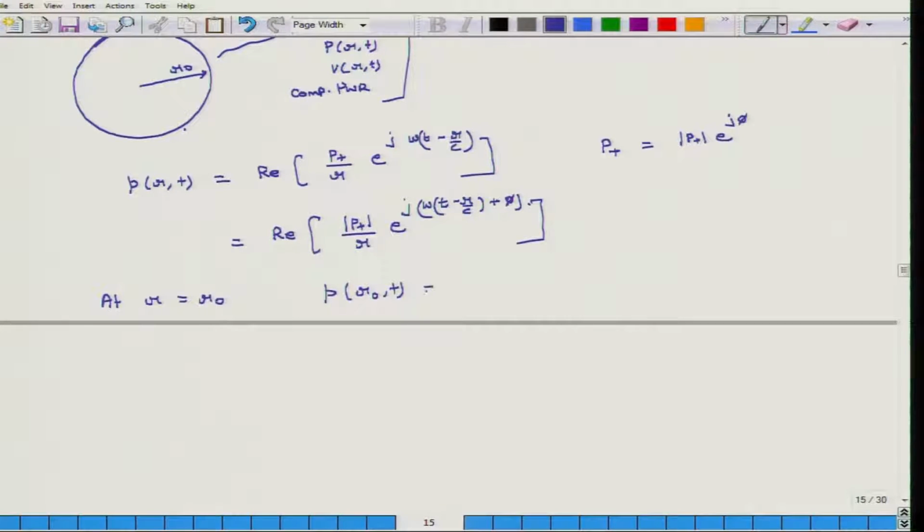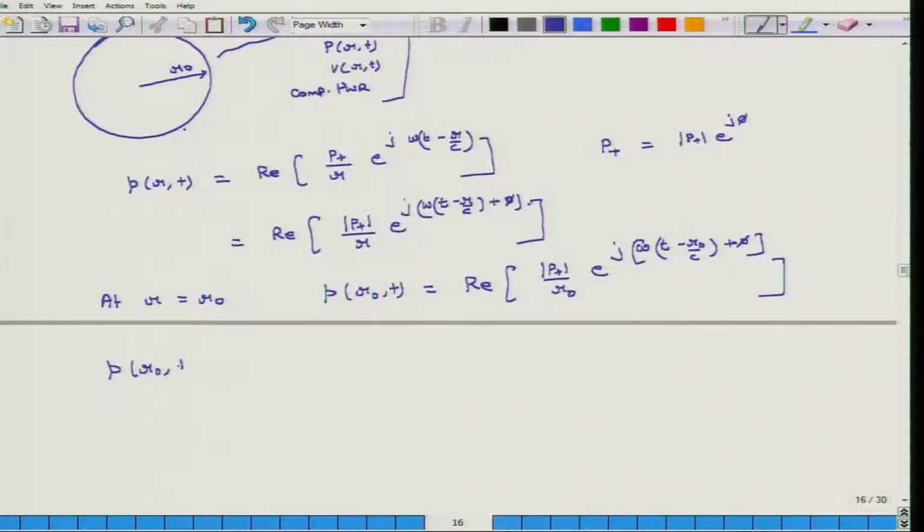Pressure at r naught is equal to the real part of p plus divided by r naught, e to the power of j, omega t minus r naught over c plus phi, this entire thing. The magnitude of p plus is a positive number and r naught is a positive number, so I can take out one over r naught, and then the real component of this expression is cosine of omega t minus r naught over c plus phi.